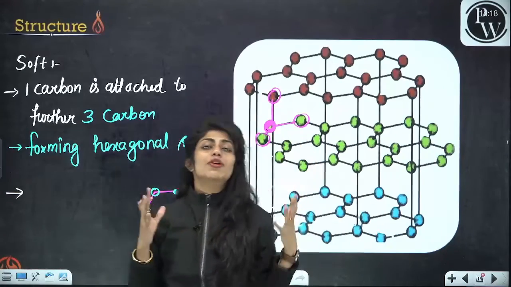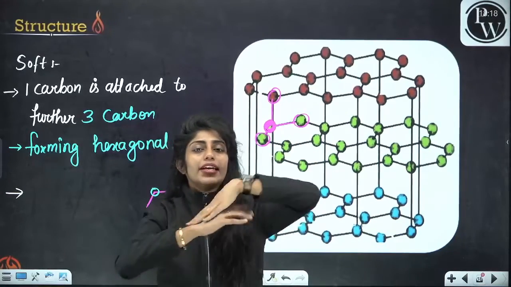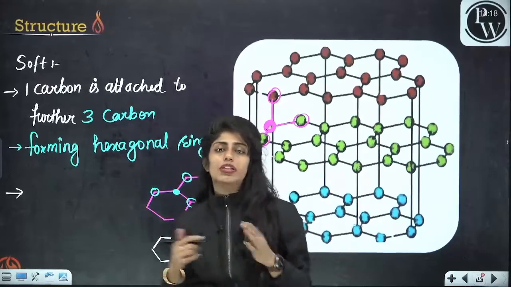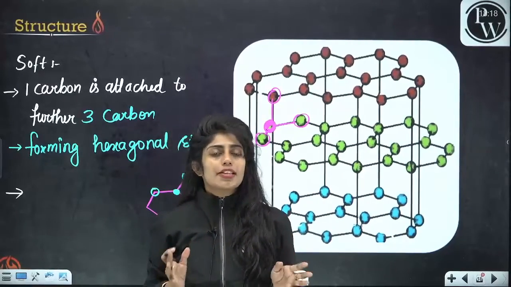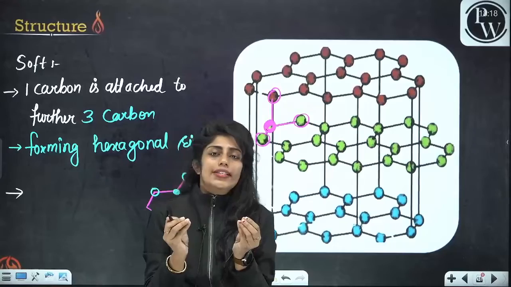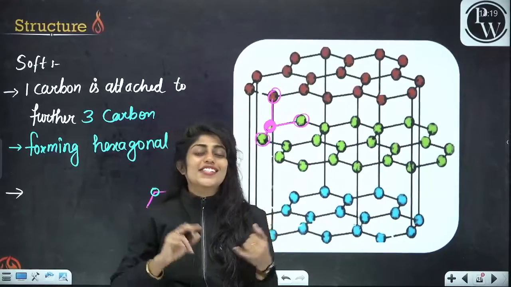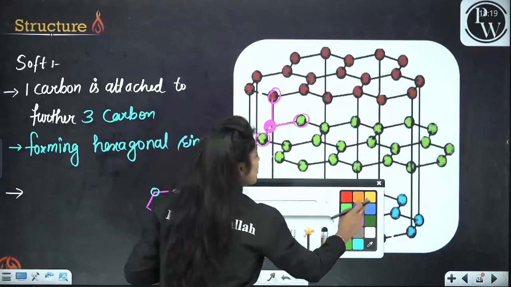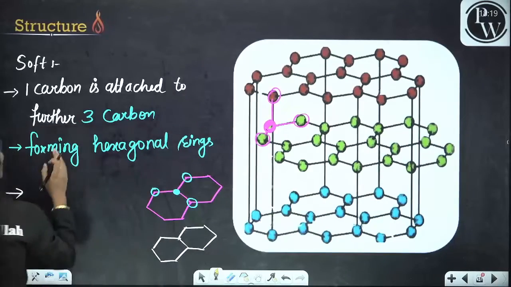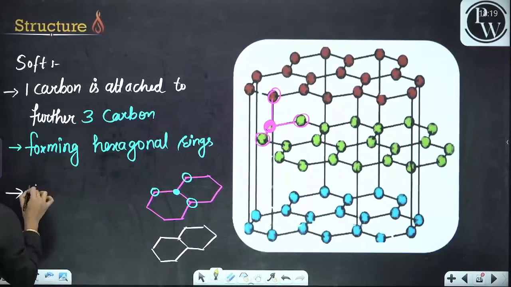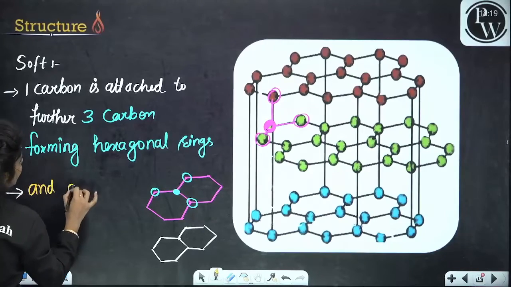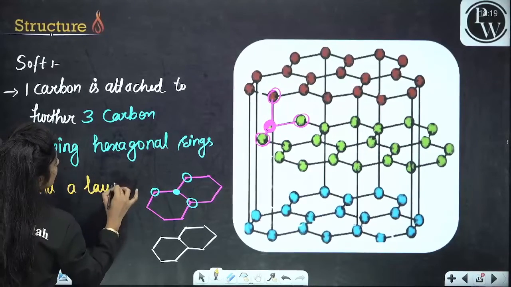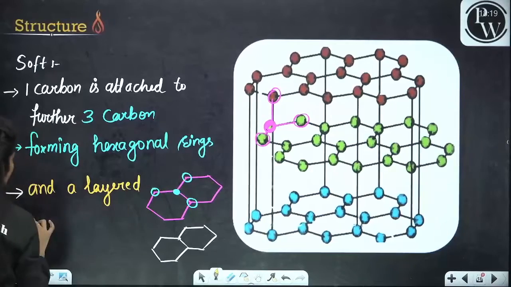If it is a layered structure, it will be very easy to slide or glide over each other. Yes or no? So there is no rigidness in the structure. That's why it is soft and slippery to touch. So here I can clearly write: forming hexagonal rings and a layered structure.